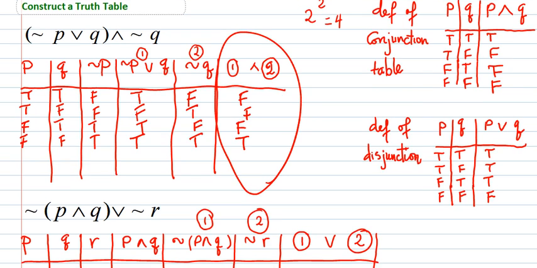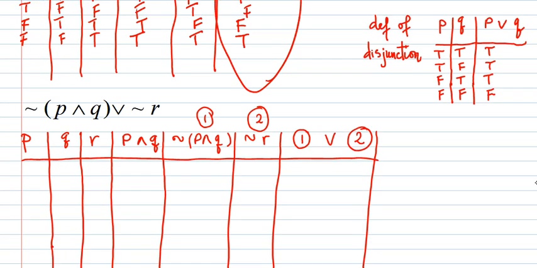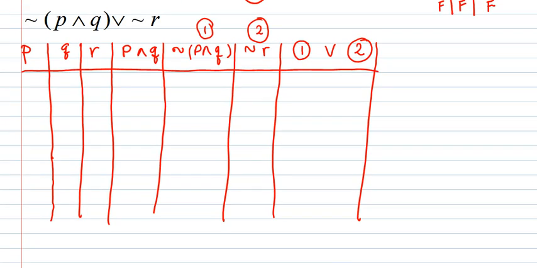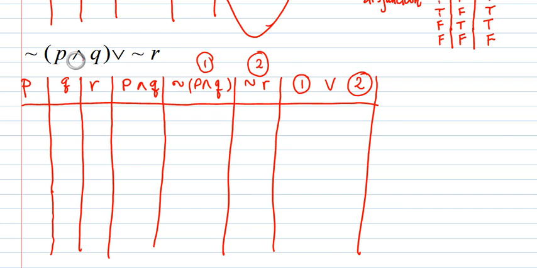Let us look at a more complicated example. This is a compound statement combining 3 letters. So let's see how many cases we need. Each letter has 2 cases, true and false. With 3 letters, I have 2 to the 3, so I have 8 cases. That means here I put true, true, true, true, false, false, false, false.